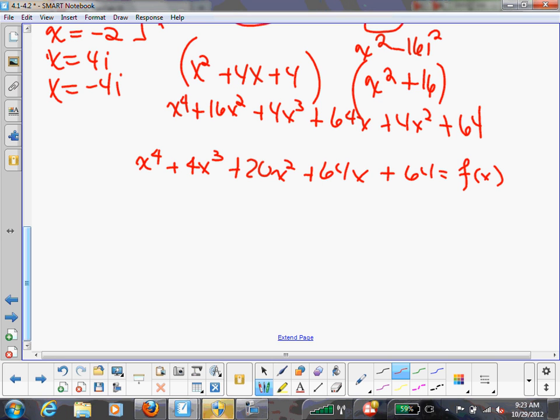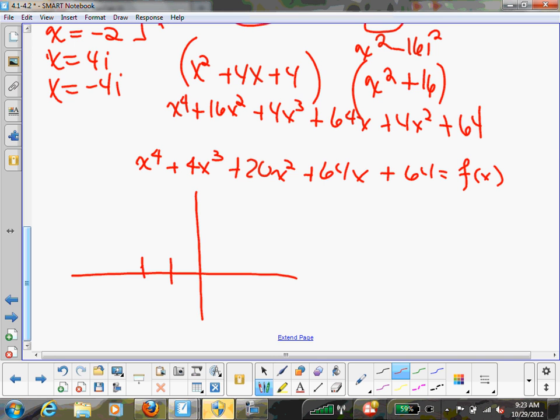Abby? So, in our mind, we knew the highest degree should be what? And that's what we got. Okay? All right. We know that the only place where it's going to cross the x-axis is at what value? So we know it's doing something right here. And we know that the y-intercept is where? Way the heck up here.